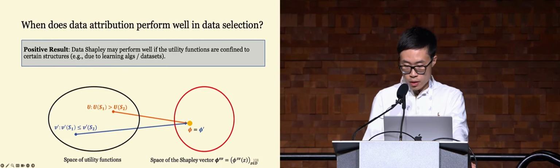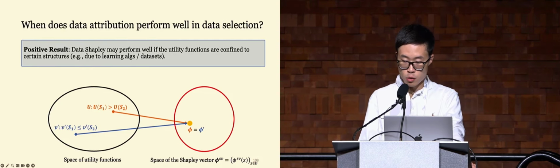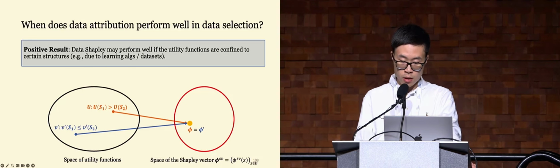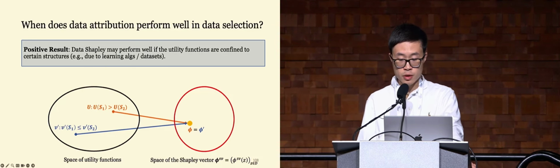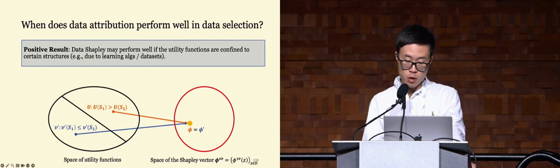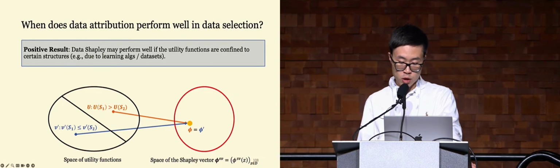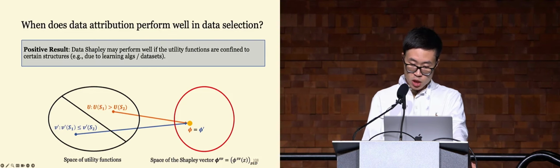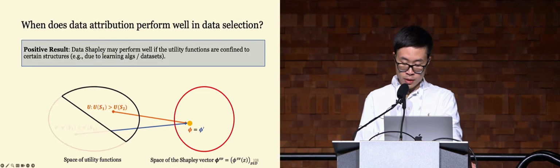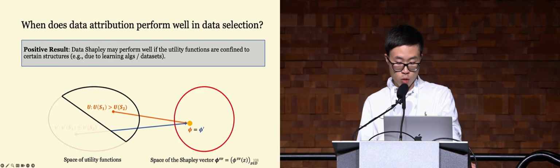The reason is that the computation of the sharpness values transforms the utility function, which we can view as a vector of dimension 2^n, into the sharpness value of each data point, which is a vector of dimension n. This transformation is not injective, and it has a very large null space, which allows for tons of utility functions that have identical sharpness values.